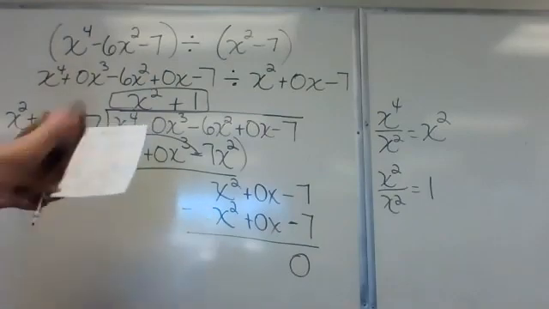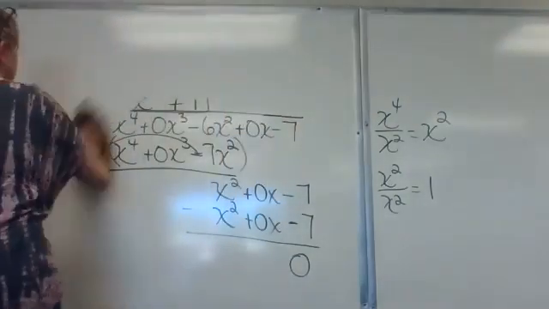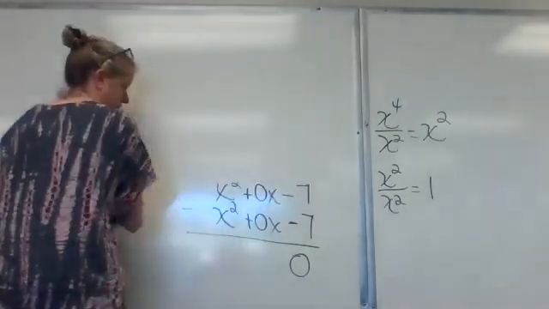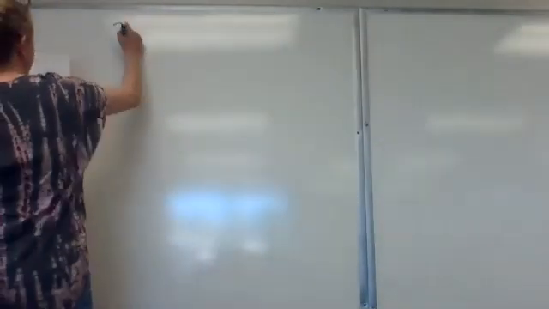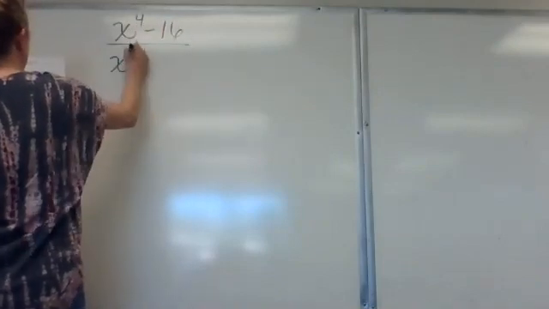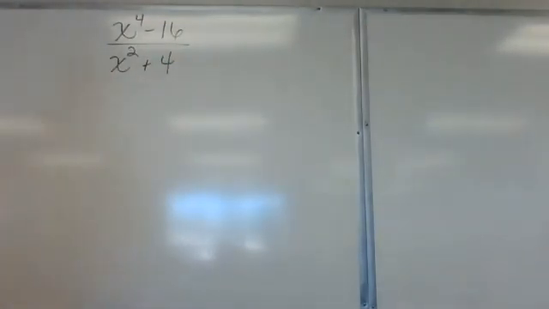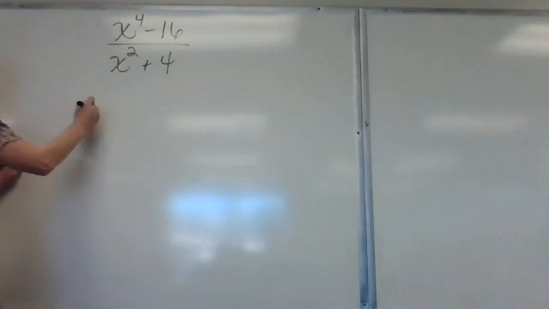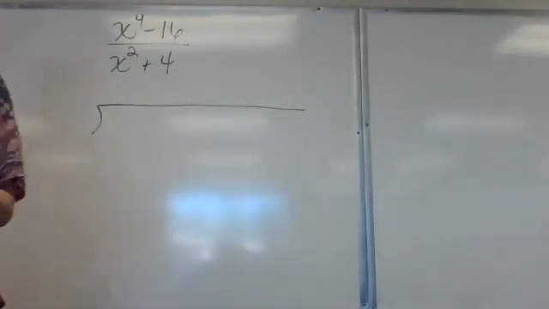All right, number 6 is a lot like this one. X to the 4th minus 16 divided by x squared plus 4. So I'm going to turn this into long division and fill in for any missing terms at the same time.